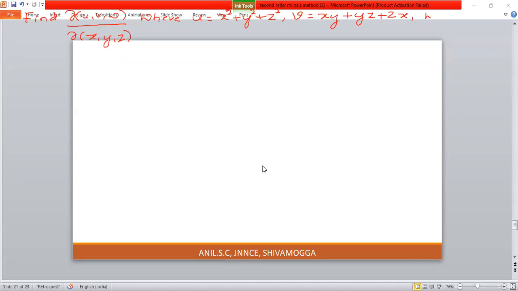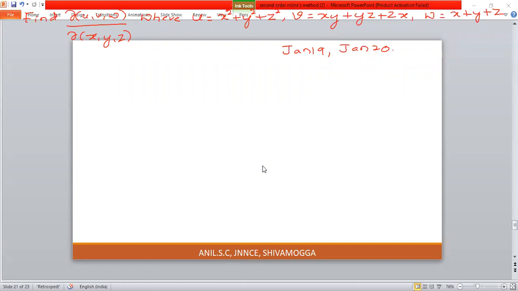And W is equal to x plus y plus z. And this is a problem from the question paper in January 19 and January 20 also.